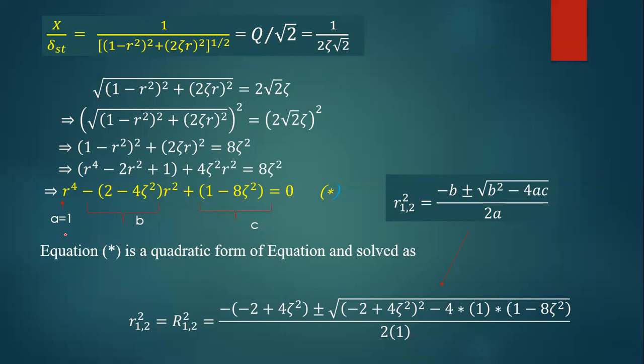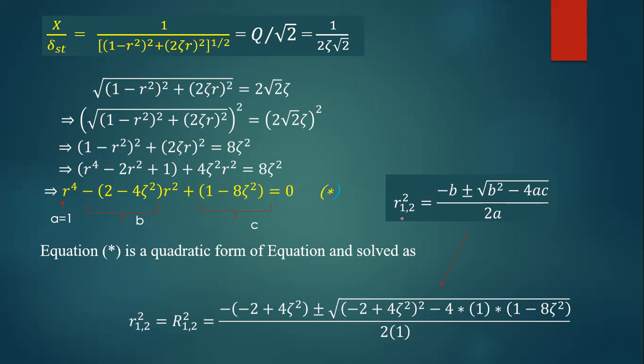So this is a quadratic form of equation with a value 1, b value equal to minus (2 minus 4 zeta squared), and c value equal to 1 minus 8 zeta squared. So for this, we can find R1 and R2, the two roots of r.